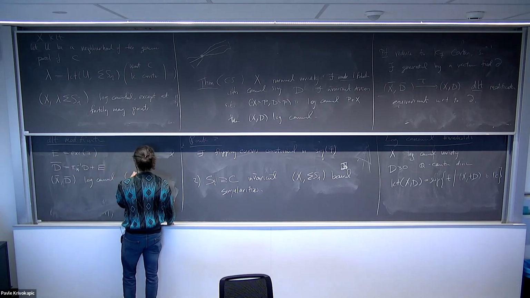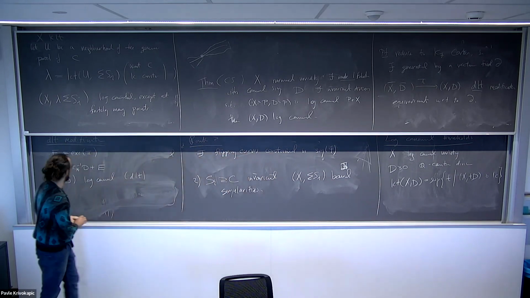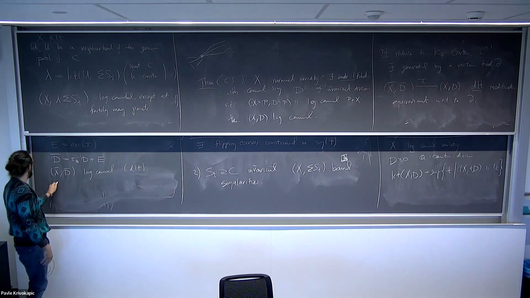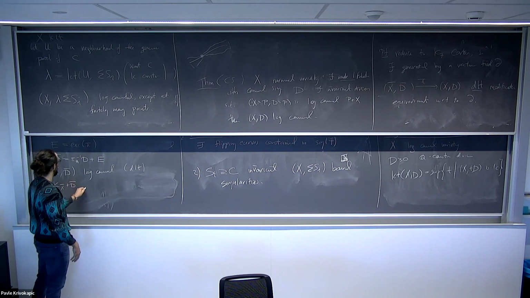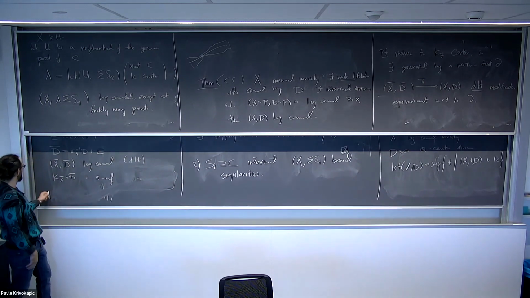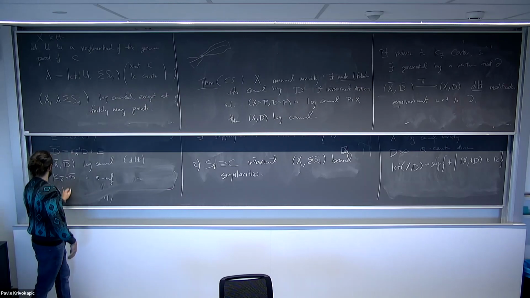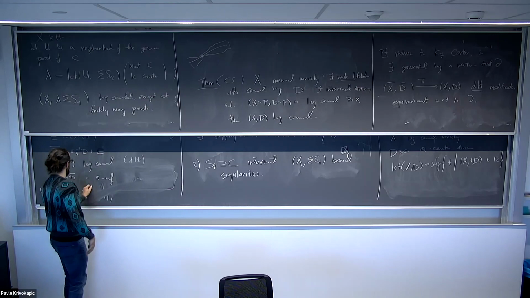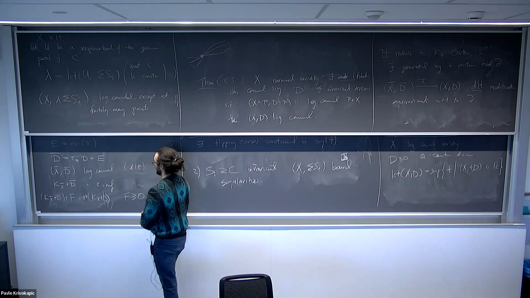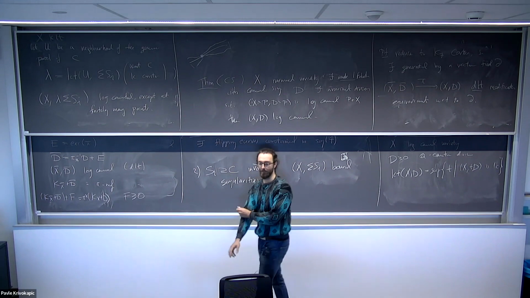In fact, it's DLT. Whatever that means isn't so important, but it's some natural class of singularities. K_X bar plus D bar is pi-nef. And if we write K_X bar plus D bar, we can write it as pi star of K_X plus D plus F, where F is greater than or equal to 0. So this is all a DLT modification is. It's some modification which satisfies this list of properties.